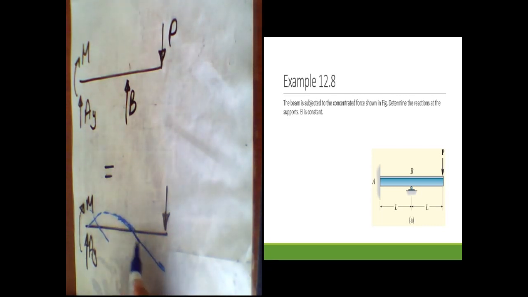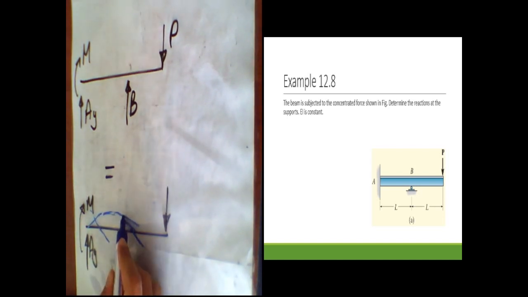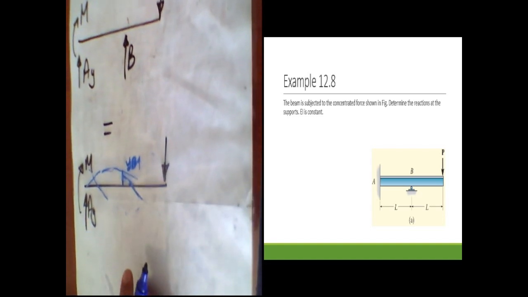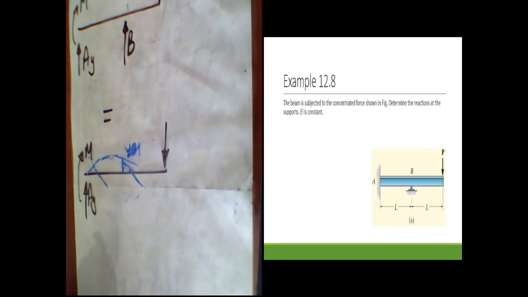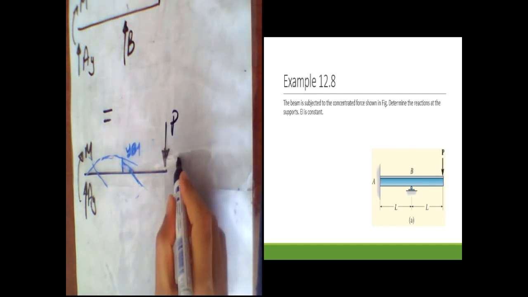Okay, we can easily measure the deflection at point B, YB1, because this is a statically determinate system. This is the first model.